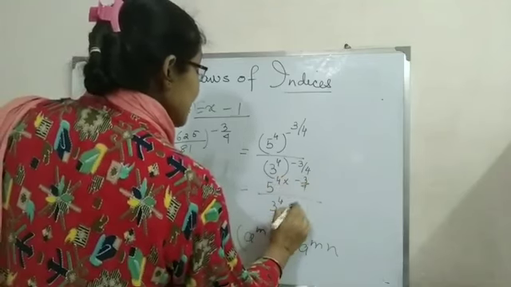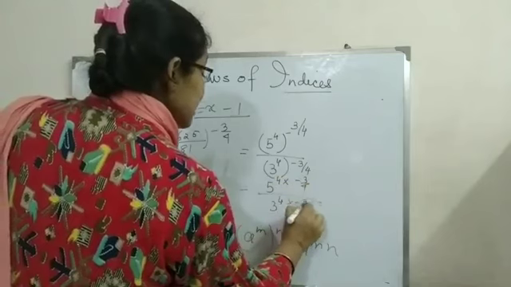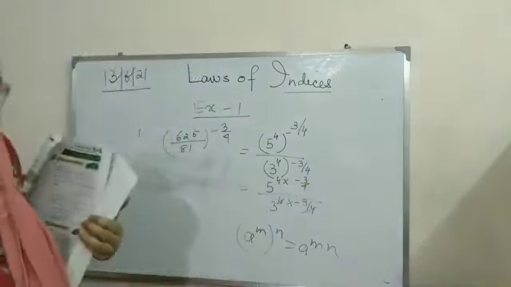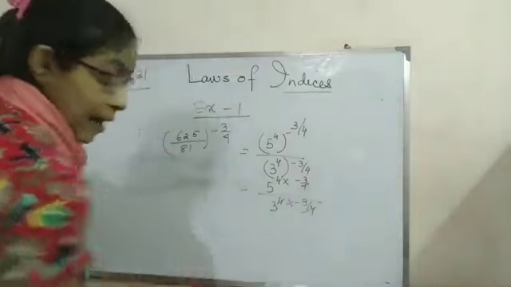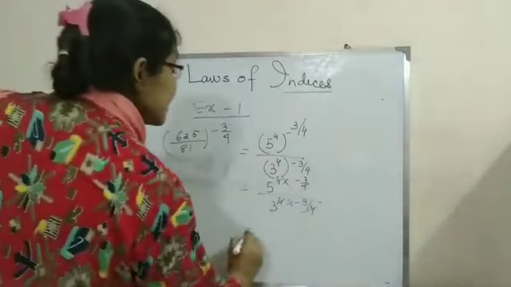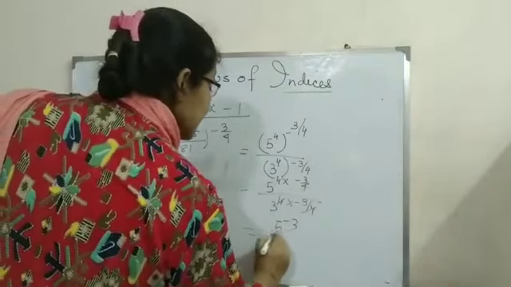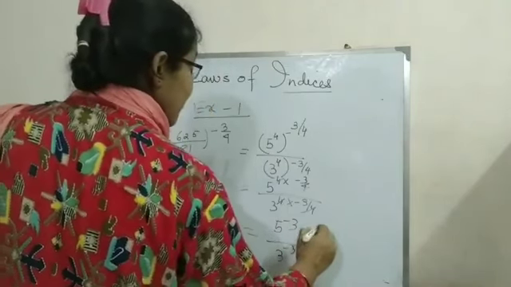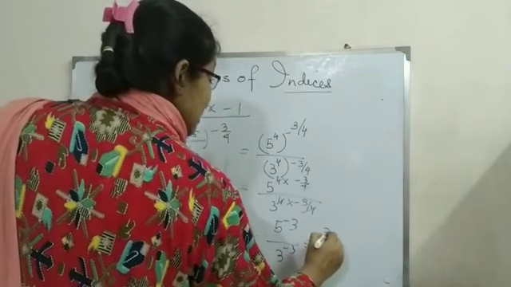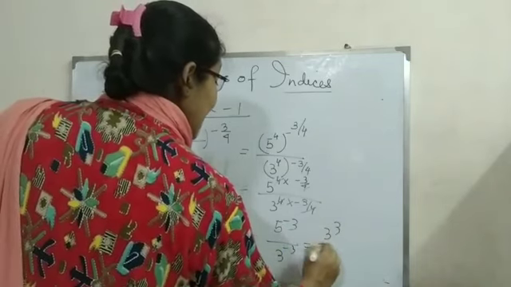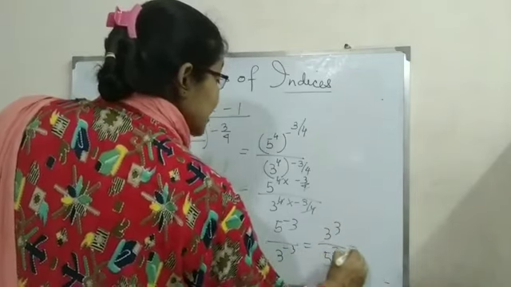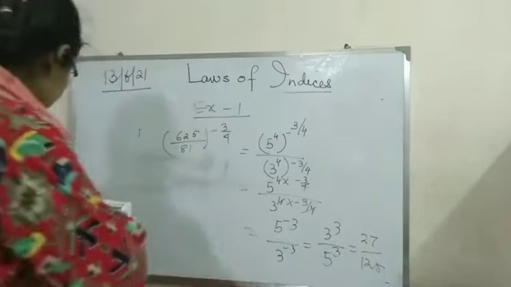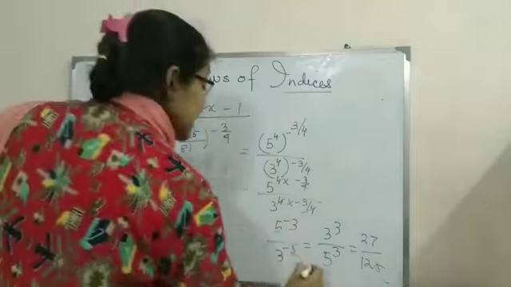The 4 cancels out, and I can write 5 to the power minus 3, 3 to the power minus 3. This is equal to 3 to the power 3 and 5 to the power 3. This is equal to 27 by 125. Answer C is correct.